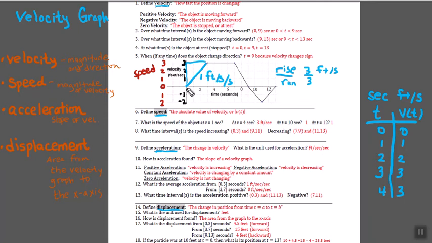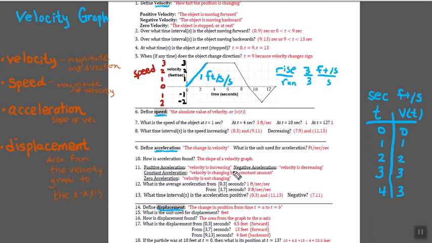We went over 3 seconds, and so this just reduces down to 1, which is our slope, and then the unit, feet per second, or you could call feet per second squared, is the acceleration unit right here. So acceleration, again, means how fast the velocity is changing, and you get that on the graph just by finding the slope.